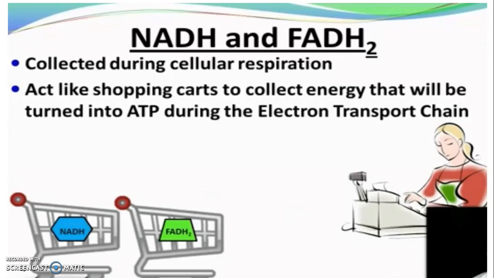They get the NADH and FADH from glycolysis and the Krebs cycle. All those collected NADH and FADH from these two phases are transferred to the electron transport chain and converted into ATP.